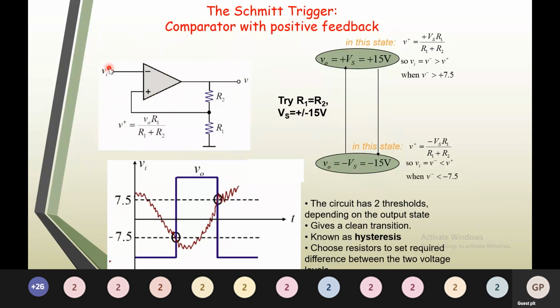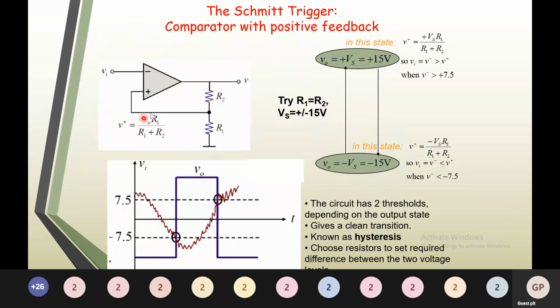Instead, it is compared with two standard references, V plus and V minus, and you can see how it is calculated. When my output is positive saturation, plus VSAT, which is approximately plus 15 volts in an op-amp, then how much is fed back here?